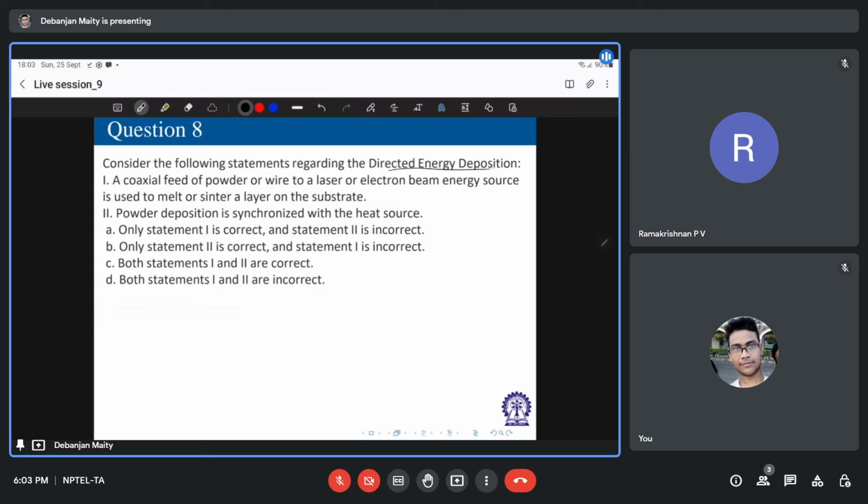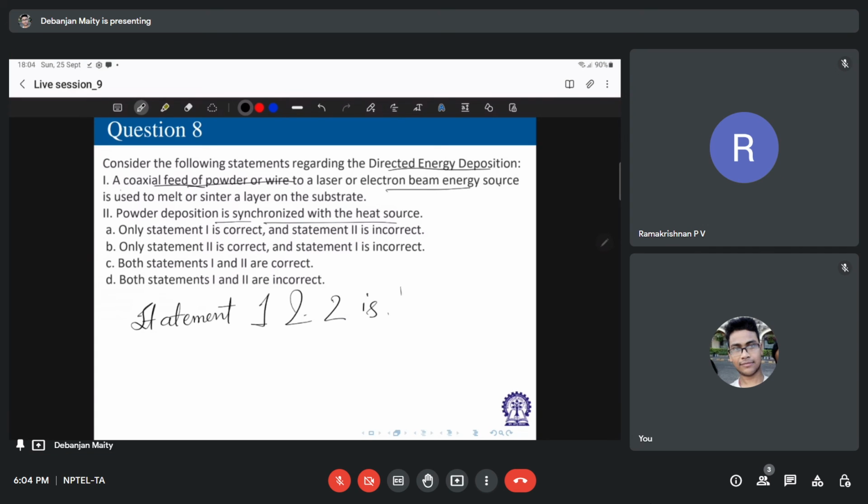In direct energy deposition, as I was saying, you will have a coaxial feed of powder or wire to a laser or electron beam energy source, which is used to melt or sinter over the substrate, and powder deposition is synchronized. So here both statement one and two are true. Option C.